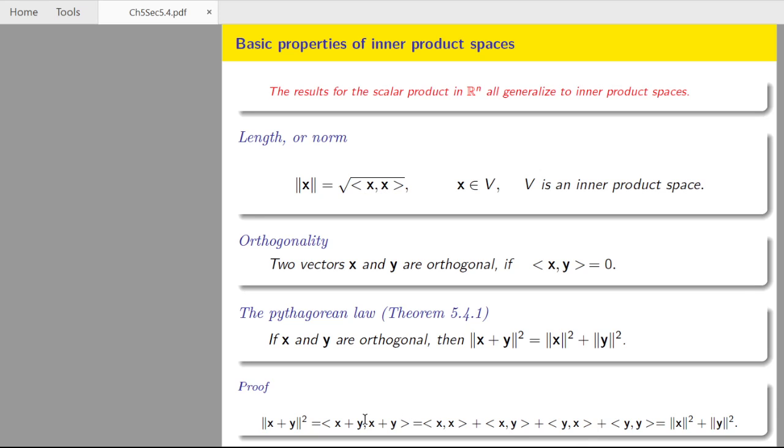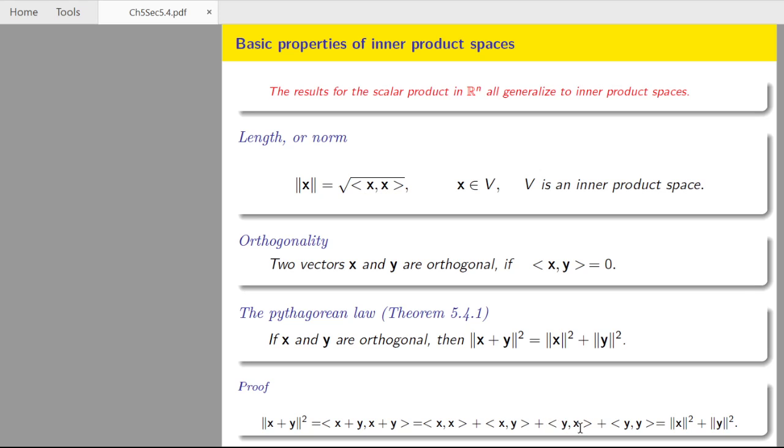This is operated based on the third property for the inner product. Then because we assume x and y are orthogonal, the inner product equals 0, so the second term is equal to 0.